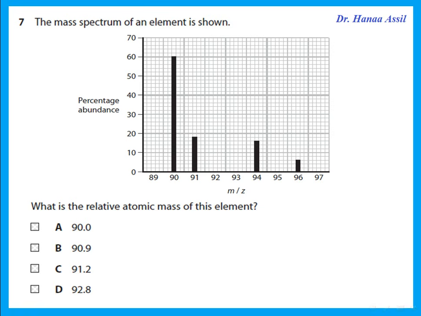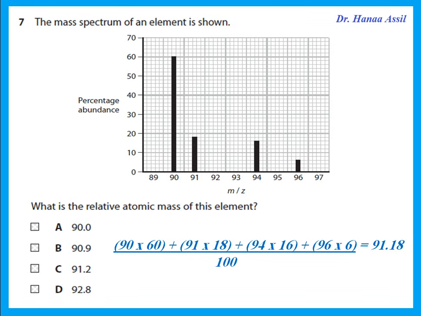The mass spectrum of an element is shown. What is the relative atomic mass of this element? Well, how do we get relative atomic mass from percent abundance of each isotope? You should remember the mass number of the isotope times its abundance, plus the mass number of the other one times its abundance, and so on, divided by 100.